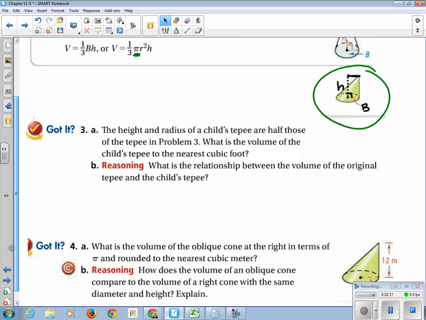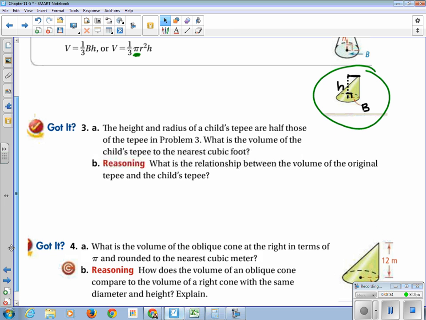So let's look at this question here. The height and radius of a child's TP are half those of the TP in problem 3. So the height was 12 in the previous problem, so it's 6 here, and it was feet. And the radius was 14 in the previous problem, so it's 7 here.